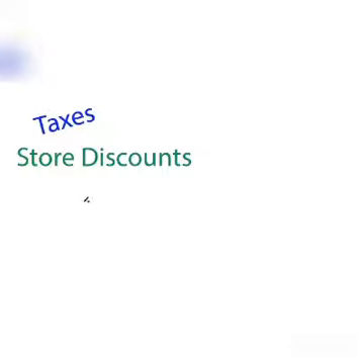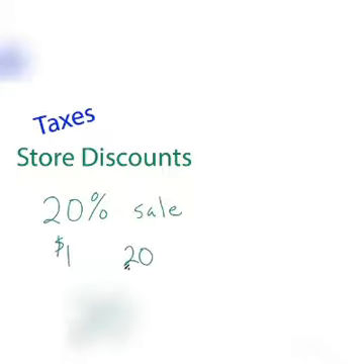Store discounts are another great example of when you might see a percent. Suppose a store is having a 20% off sale. And again, you buy an item for $1. 20% of $1 is 20 cents, or 0.20, 20/100th.